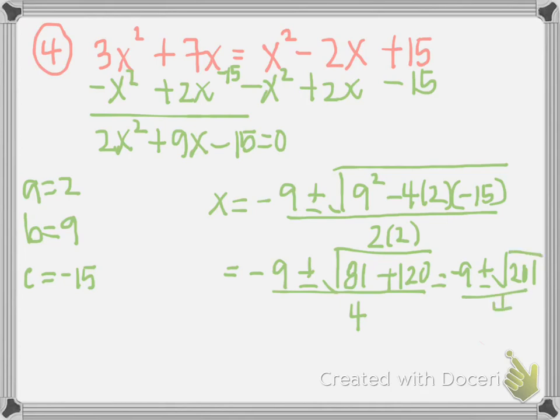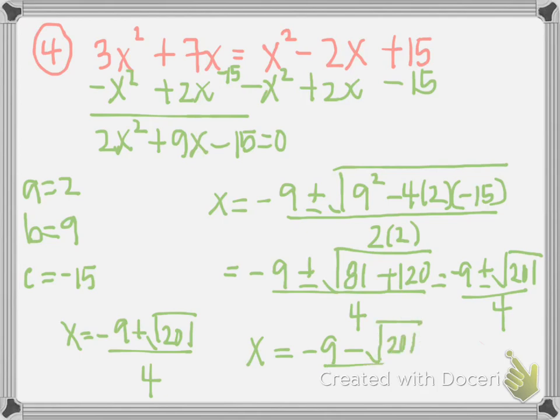So you're going to have two solutions: negative 9 plus the square root of 201 all over 4, and negative 9 minus the square root of 201 all over 4. So that's going to be a decimal there. Okay.